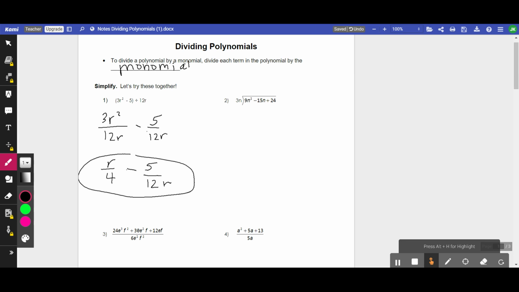And then for your next one there, you're dividing the 9n squared minus 15n plus the 24 divided by the 3n. So this one here, you'll solve like the first one. It's just that they wrote the problem a different way. So I'm going to write this all out because you're going to divide each of your terms there by the 3n. So I'll have your 9n squared divided by the 3n.